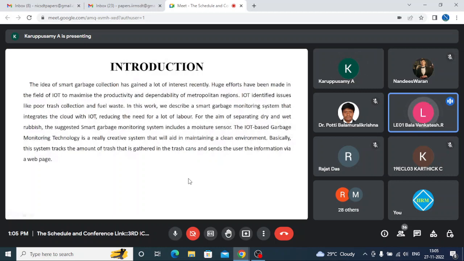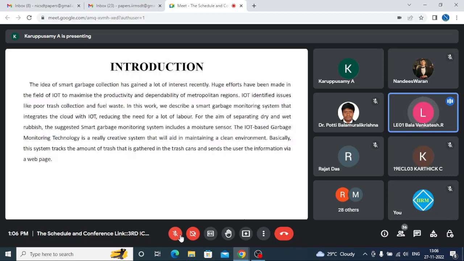The idea of smart garbage collection has gained a lot of interest recently, sir. Huge efforts are made in the field of IoT to maximize the productivity and dependability of metropolitan regions. In this work, we describe a smart garbage management system that integrates the cloud with IoT, reducing the need for labor.